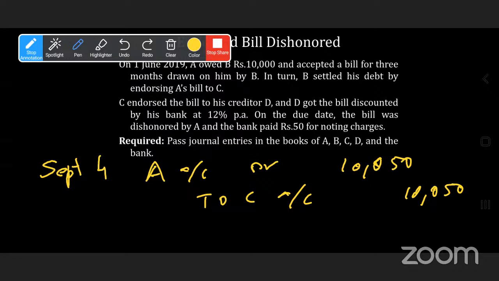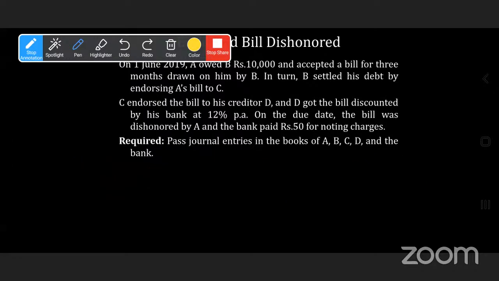Okay. Now let us see the journal of A. So what is the entry you have to write when the acceptance is given to B? B has drawn a bill on A and A has sent an acceptance to B. So what is the transaction?